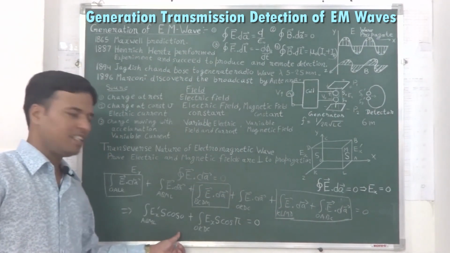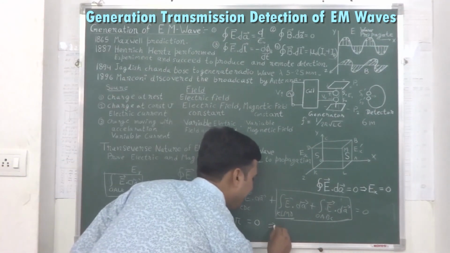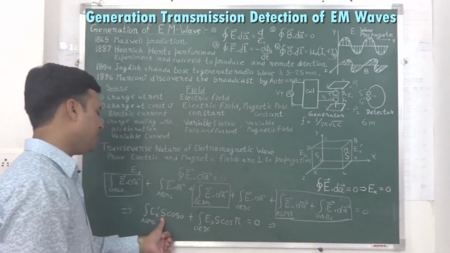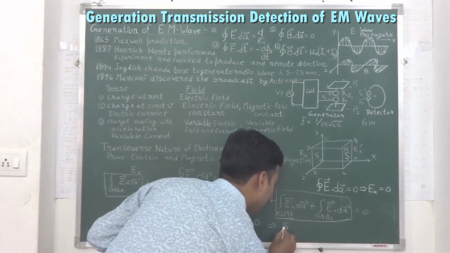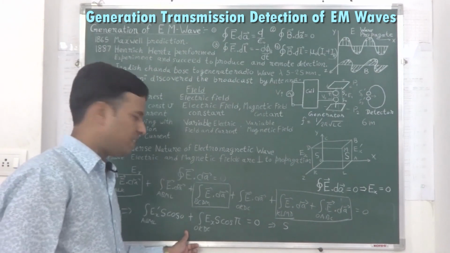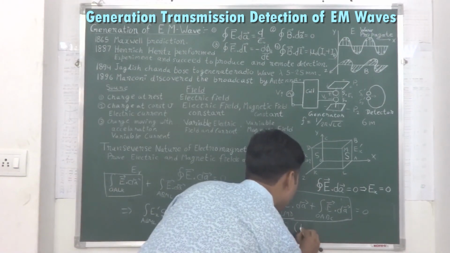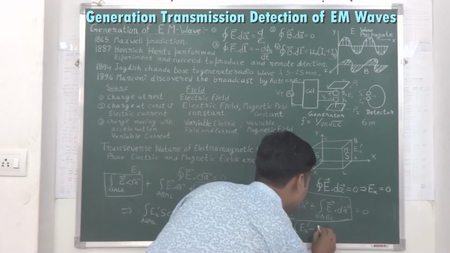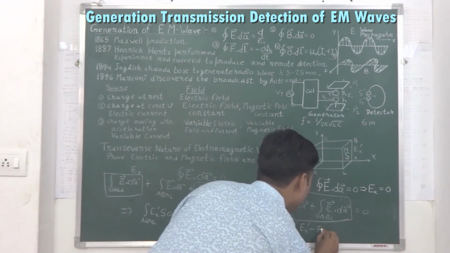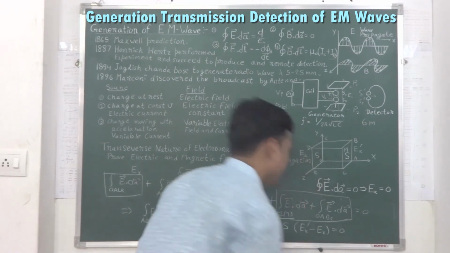Now dear students, after solving it, we can write here the S value is same, S part is common, cos 0 is 1, cos pi is -1, so Ex dash minus Ex is equal to 0.